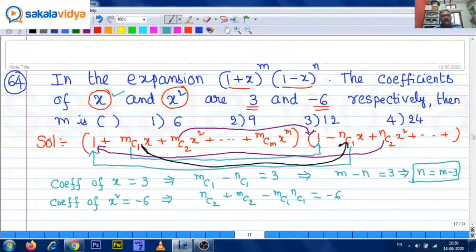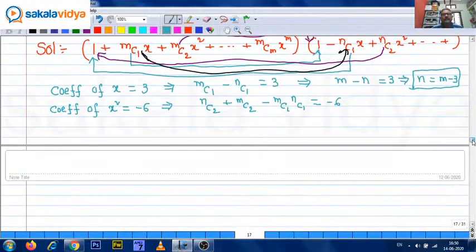Now we need to simplify this one. nC2 plus mC2. Okay, now let us move to the next page.